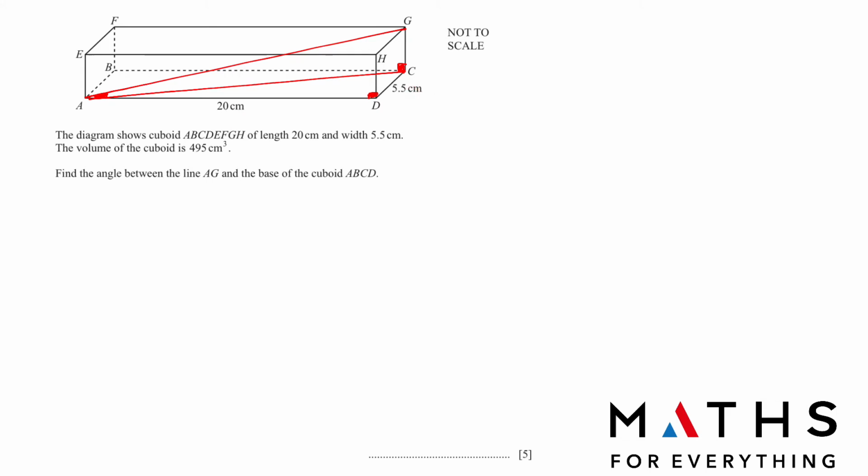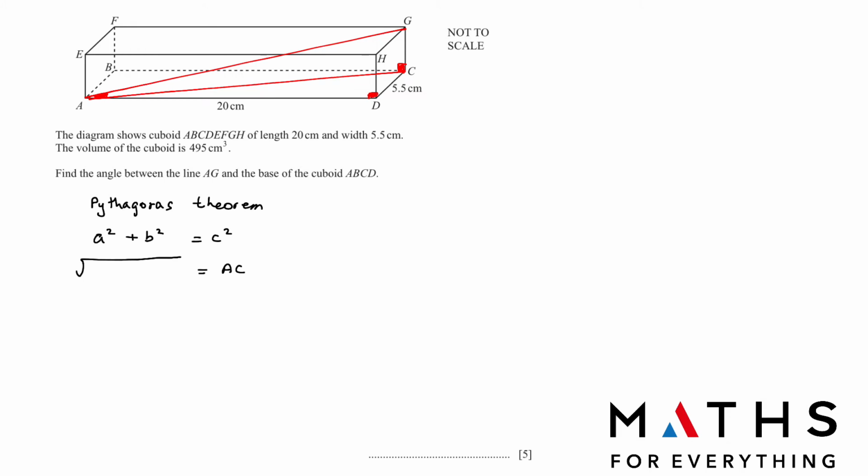Two sides have been given to me. To find the third side, we can use the Pythagoras theorem. The Pythagoras theorem is a square plus b square is equal to c square. C is our hypotenuse. In this case, our C is AC.